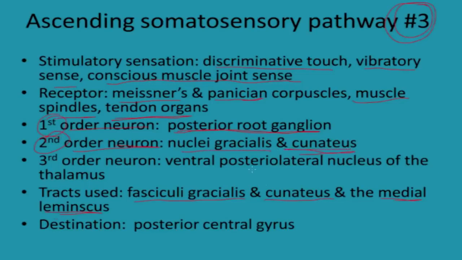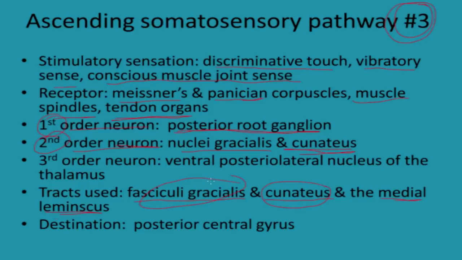So we don't get confused here, let me just state the tract between the first and second order neuron is the fasciculi gracilis and cuneatus. We have them right here.